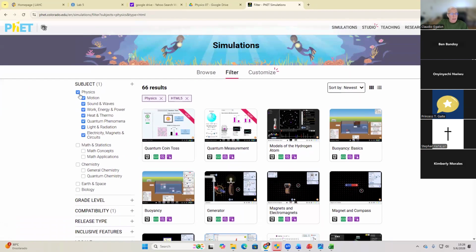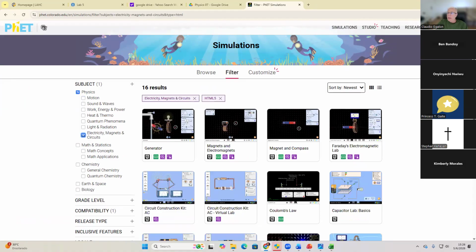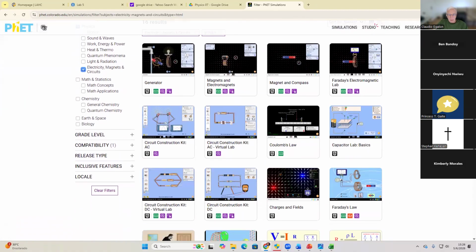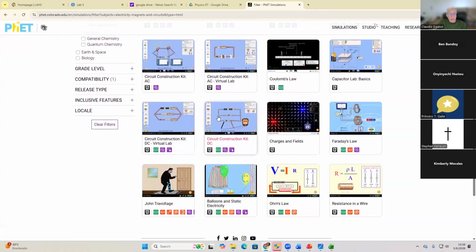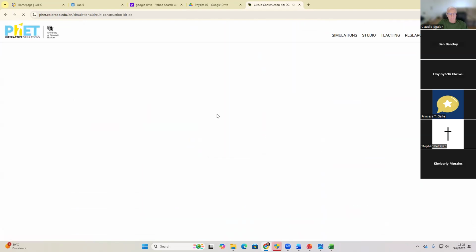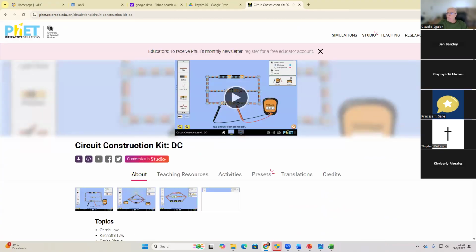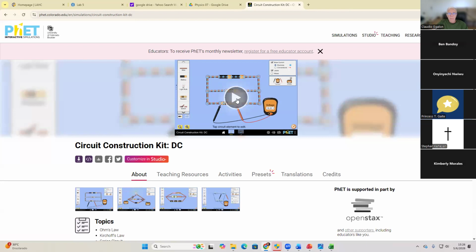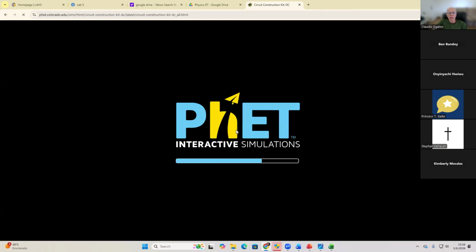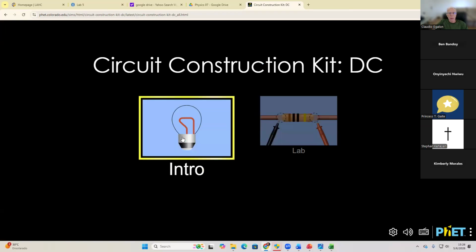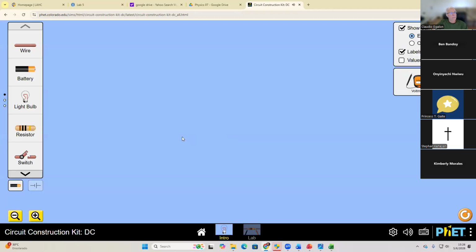Let's see, we want electricity right in here. Circuit Construction Kit DC, we can have it, can be either one, okay? PhET, here you go.